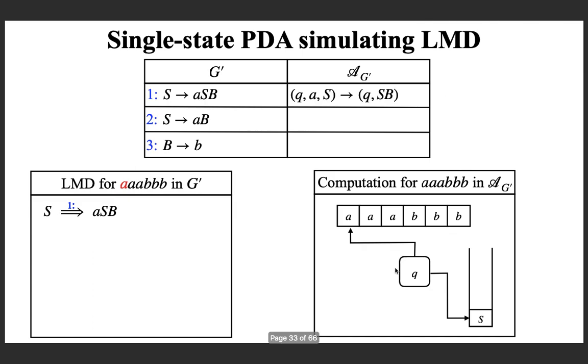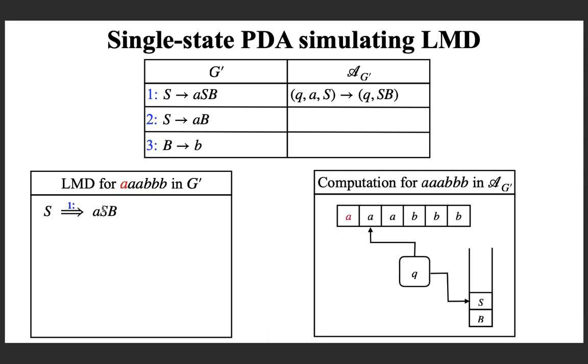And you can easily observe that this is the transition function you need. If you are in state q, reading small a, and capital S is on top of the stack, remain in that state. That is the only way. Replace this capital S with SB, and this is what you are going to do.